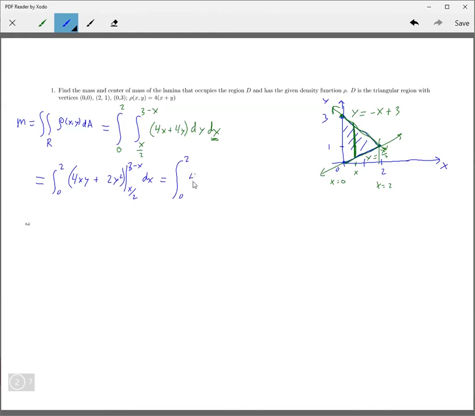Okay, so you have 4. So you're setting the y becomes 3 minus x here. Okay, so that's the upper limit, and then you're subtracting the lower limit from it.